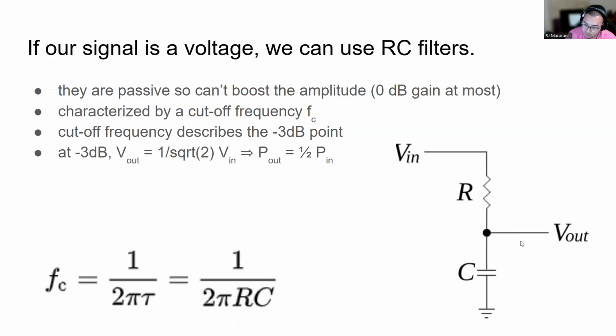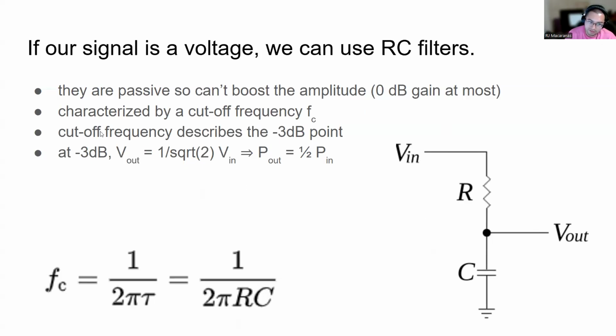And so then the voltage, this V out, can only ever be as big as V in, right? Because of that, you can only get as much voltage on the output as you put in.